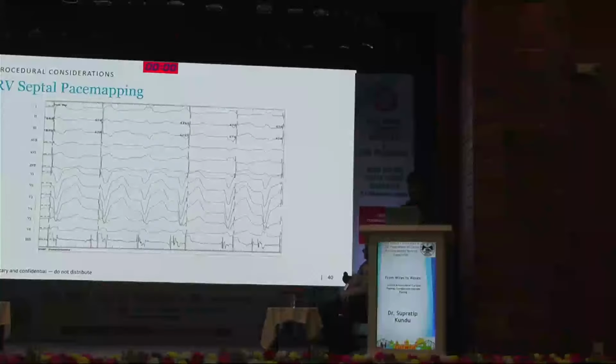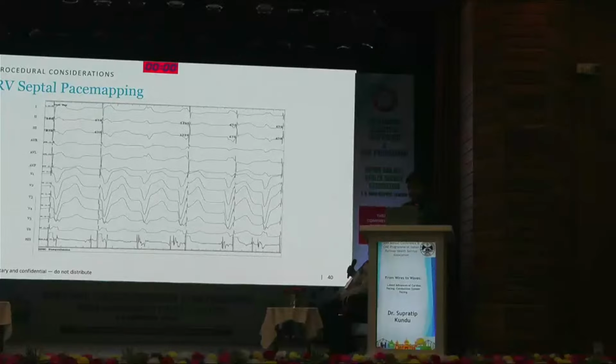Then gradually, as I screw through, the notch should move backwards and the Q should become prominent, and the V6 RWPT should be less than 80 milliseconds.